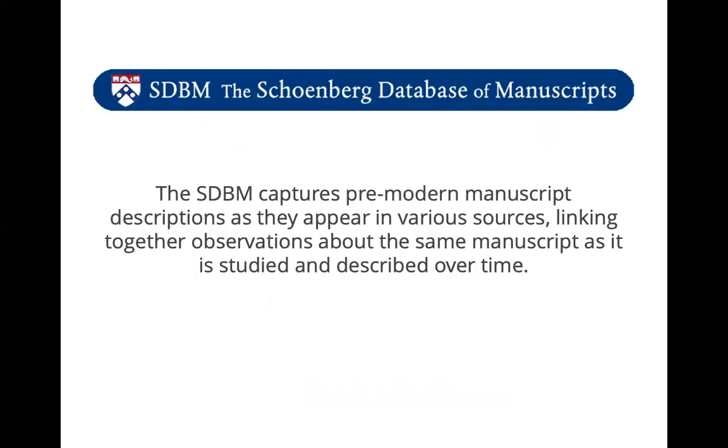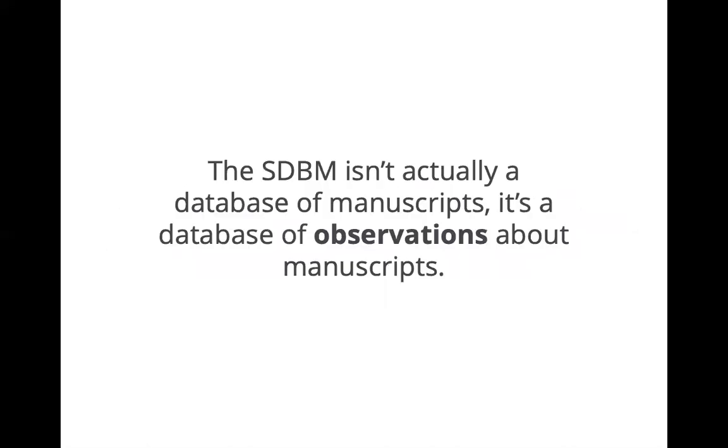So the Schoenberg database captures pre-modern manuscript descriptions as they appear in various sources, really any source, and then links together observations about the same manuscript as it is studied and described over time. So our scope is global. We're not just the Penn Library's collection of manuscripts. And we're not really a database of manuscripts at all. Our name is kind of a misnomer in that way.